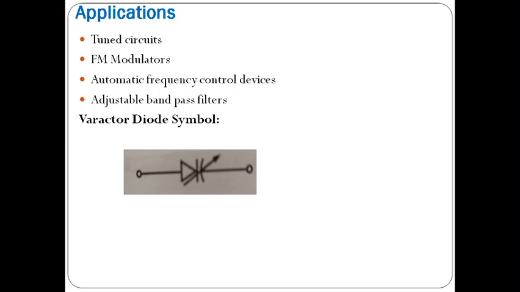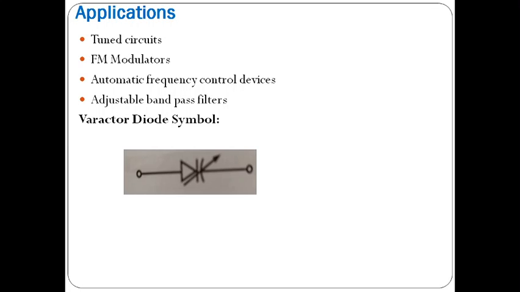These varactor diodes are used in tuned circuits. A tuned circuit always consists of a capacitor. Instead of a capacitor, we use the varactor diode. So the varactor diode is like a capacitor. Tuning means varying the capacitance.